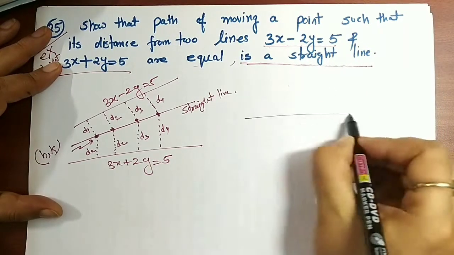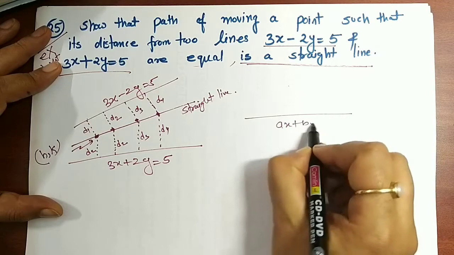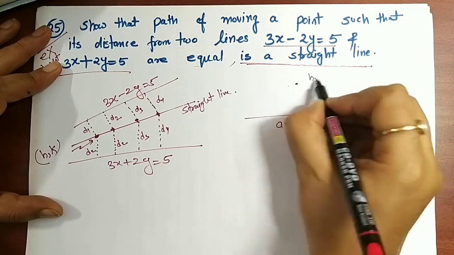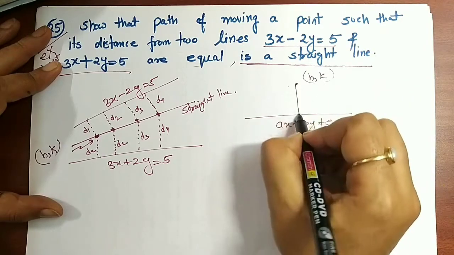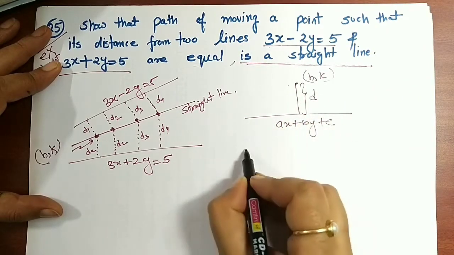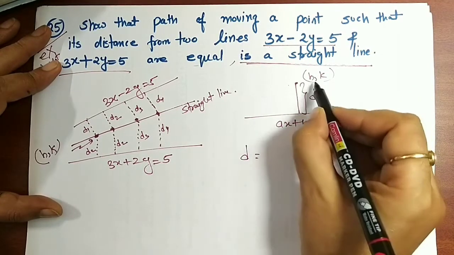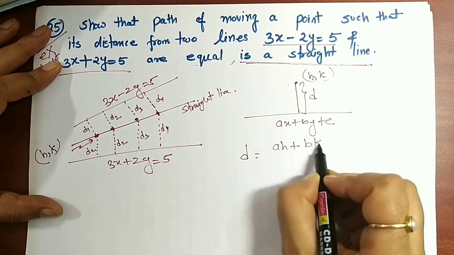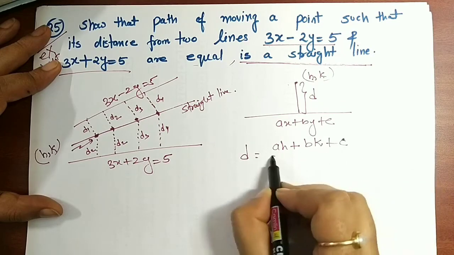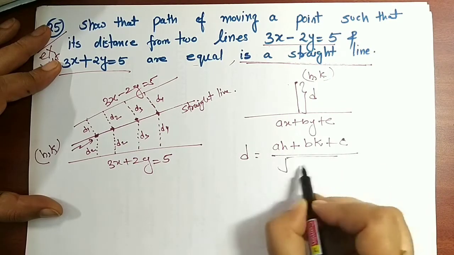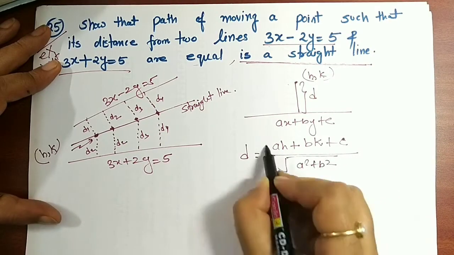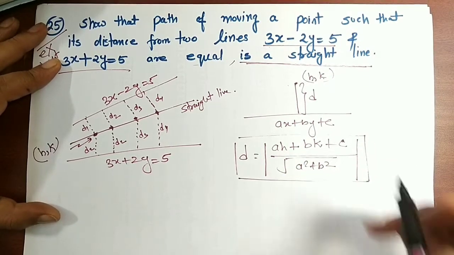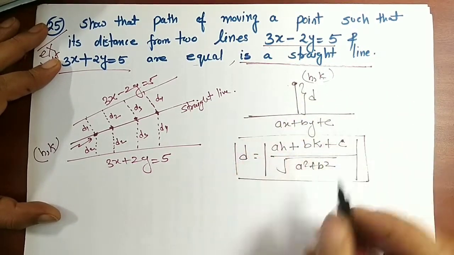So you remember, if there is a line ax plus by plus c, from any point, say hk, if you have to take a distance d, how is it given? D is given as, we put h and k in the equation, so |ah plus bk plus c| by under root of a square plus b square. That's how we find the distance between a point and a line.